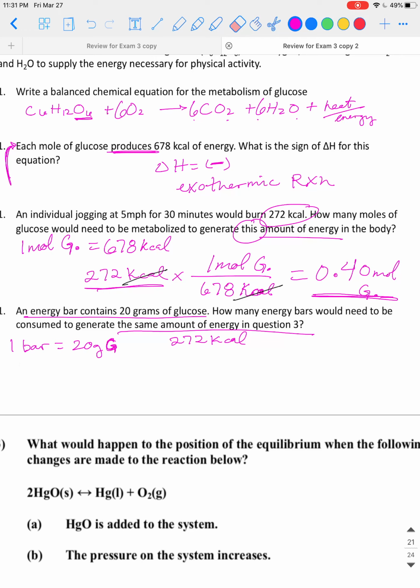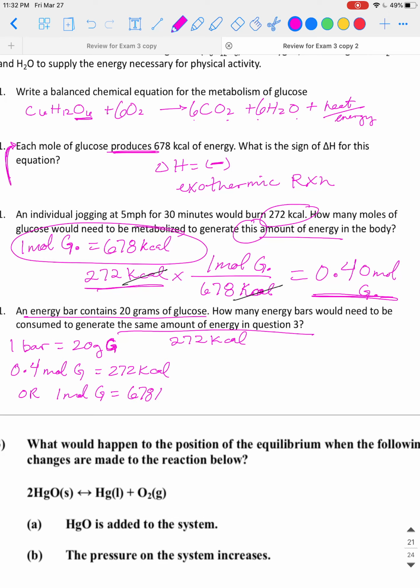So I could write a relationship for that: 0.4 moles of glucose produces 272 kcal of energy. Or we also wrote another relationship between moles of glucose and kcals. It doesn't matter. You could use the one we just wrote out, or you could use for every 1 mole of glucose, 678 kcal.